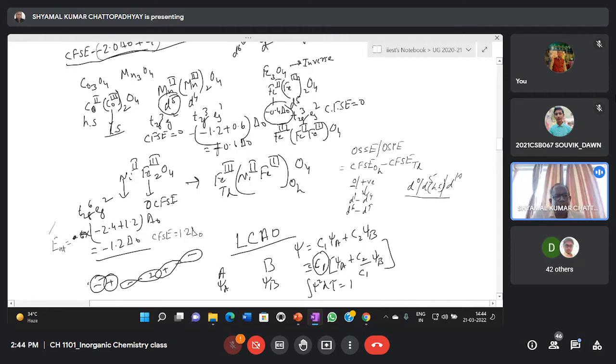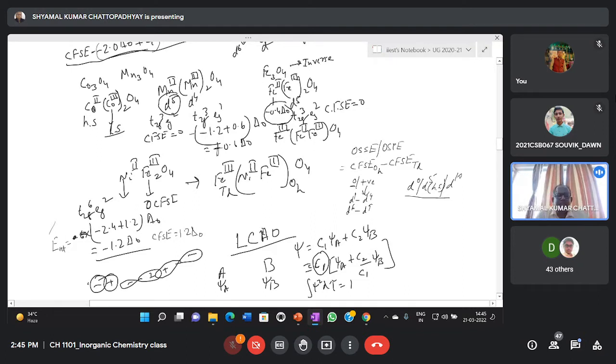So again, because of the stabilization of crystal field effect, one of the ferric ions will move away from the octahedral site to the tetrahedral site, and the nickel 2 ion will move from the tetrahedral site to the octahedral site. So we expect that NiFe2O4, like Fe3O4, will have inverse spinel structure.